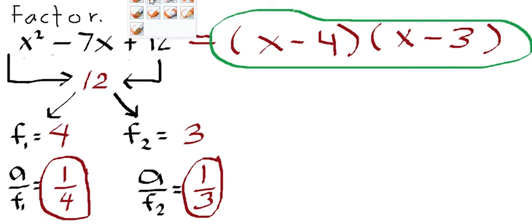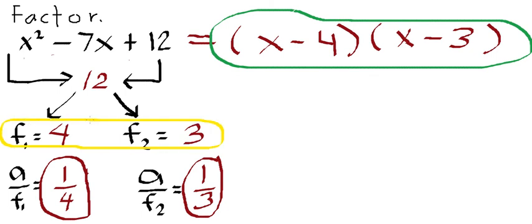Kahit na hanggang dito ka na lang pala sa step na to. Ito yung f sub 1, ito yung f sub 2. Kasi 1 lang naman yung a. So, no need na umabot ka pa dito kapag ang a mo ay 1.